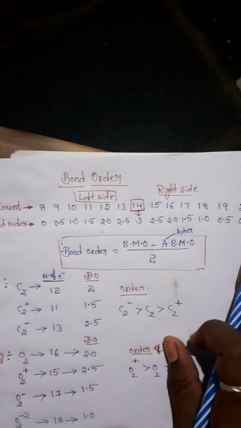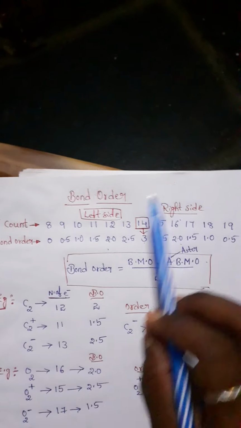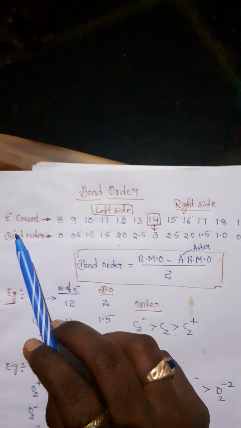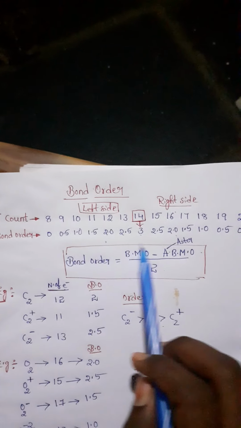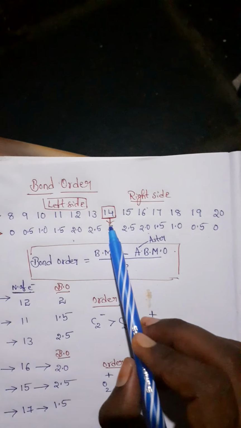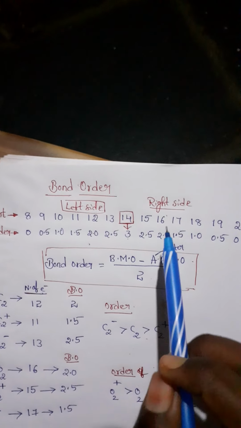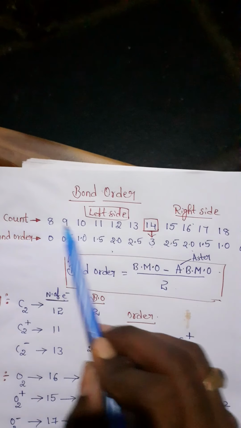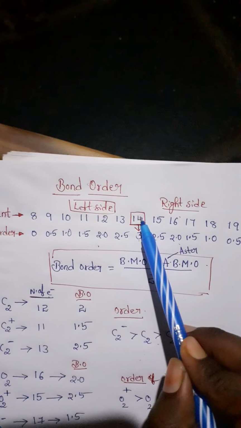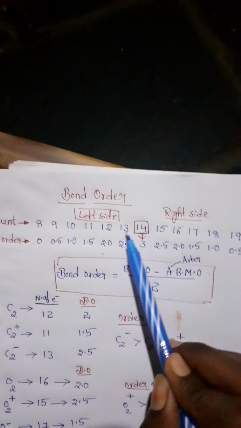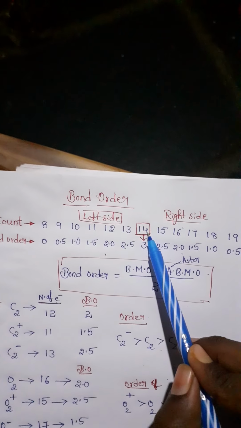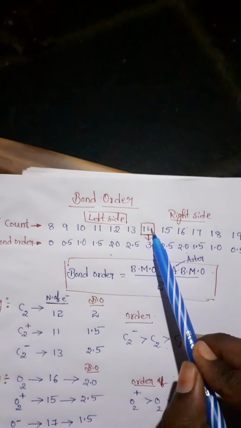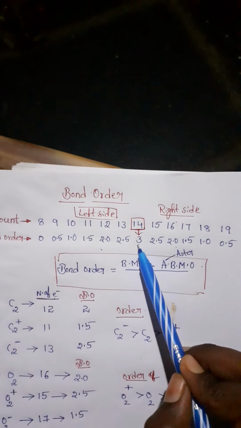Now I'm going to give you a very simple trick to find bond order in a fraction of seconds. See, this is actually the electron count. First of all, we have to remember only one thing. The electron count for nitrogen N2 is 14, and for nitrogen the bond order is 3.